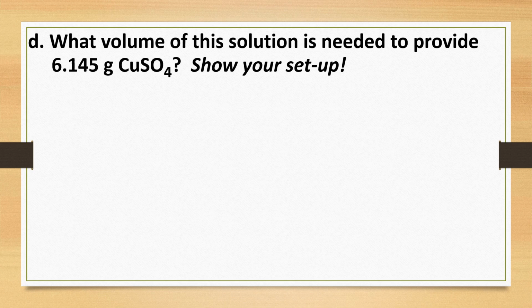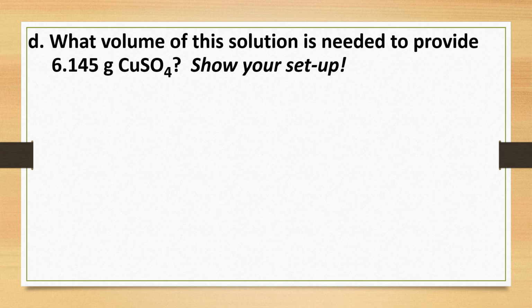Continue on with the same solution, but with a different known, and we're looking for a different unknown. Earlier we were given a particular volume and wanted to know how much solute we would have. Now we're going to switch roles, and look for the volume given a particular solute weight.